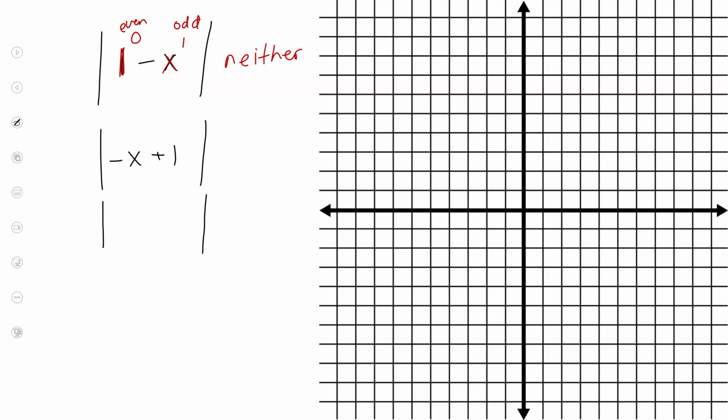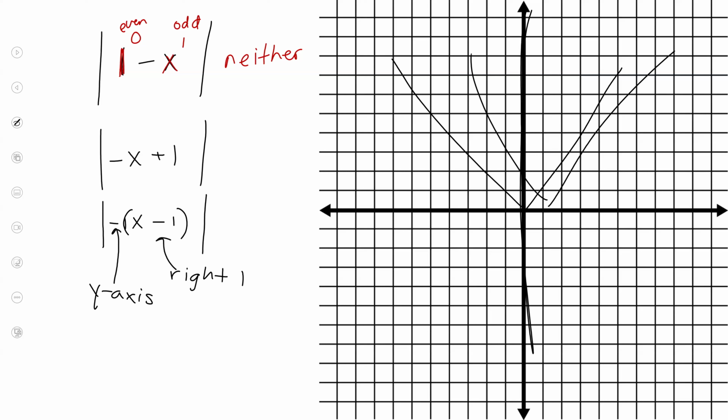It's already flipped. I'm going to take out a negative. So now it looks like this. So if I were to graph this, it reflects across the y-axis and it goes right 1. If I were to graph it, it's normally a V shape. If it reflects across the y-axis, it looks the same, but now it's here. So that is neither.